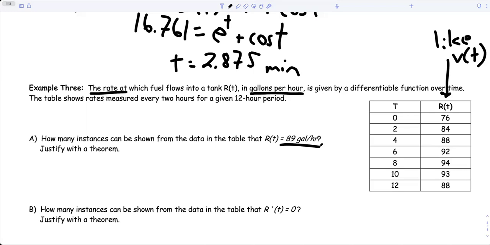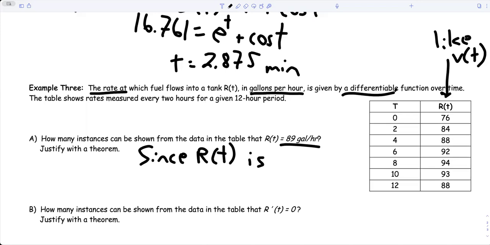The function is R(t). Since R(t) is, what do we know about R(t)? They tell us in the stem of the problem that R(t) is... do they say it's continuous? They don't say it's continuous, but they do say that it is differentiable. And when they're grading the AP exam, they're reading it like they know nothing.